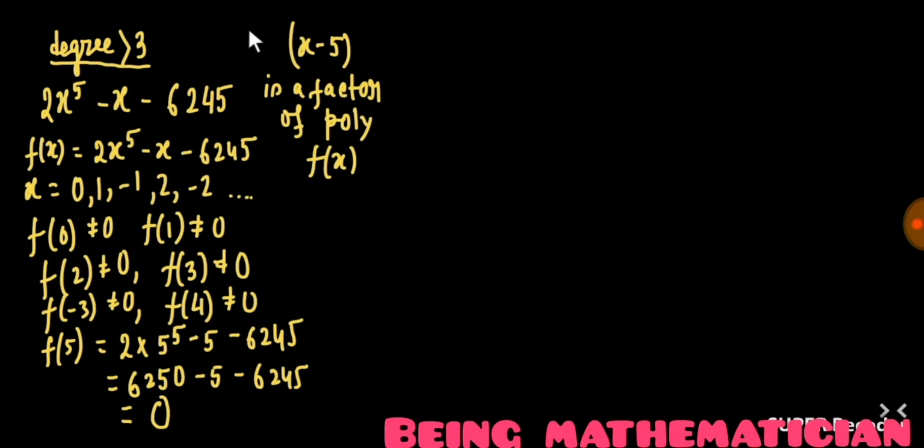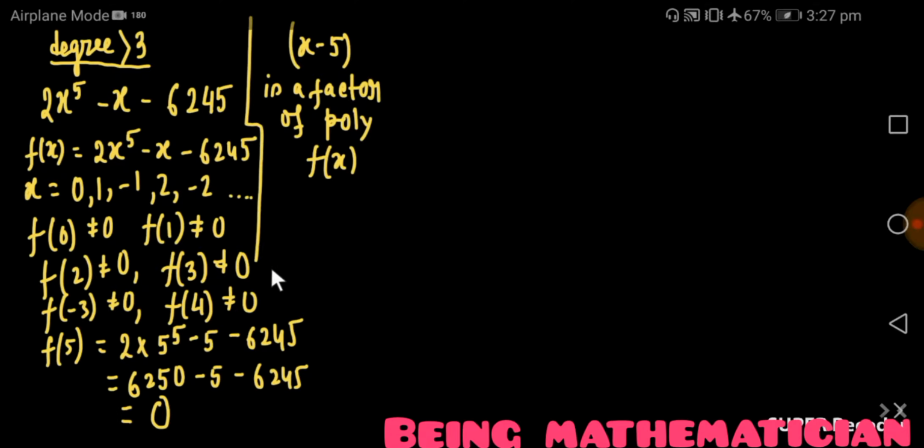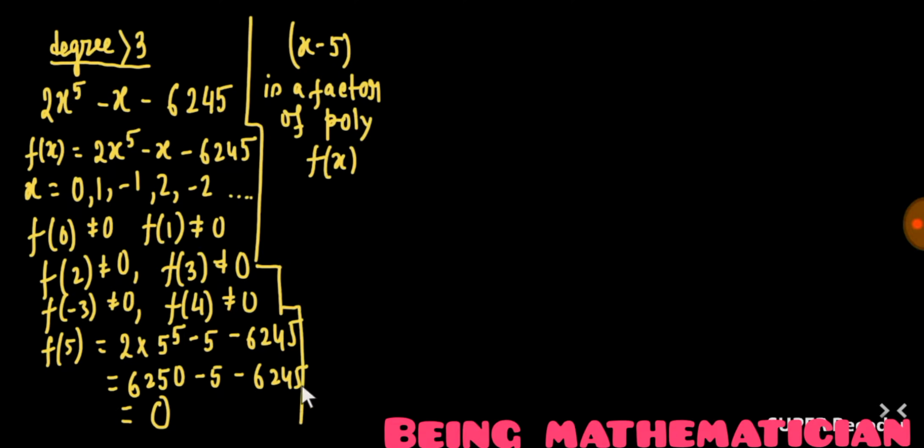Now, same as before, we divide 2x to the power 5 minus x minus 6245 by x minus 5.